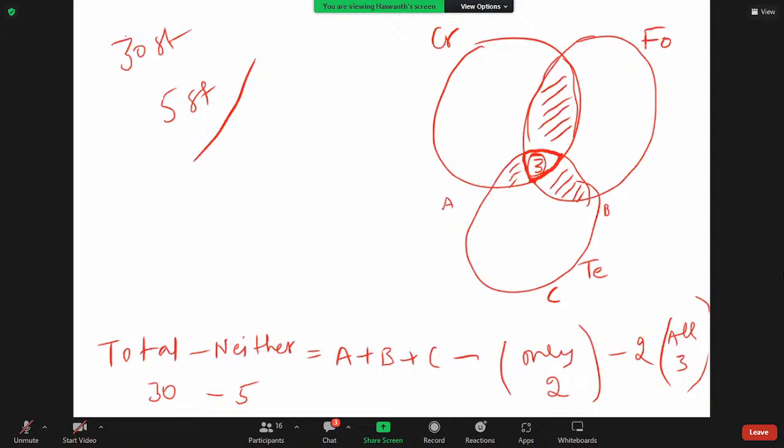And also you have to understand the difference between both cricket and football, and only cricket and football. When I say both cricket and football, it means the region which is common to both the sets, this entire region, which also includes all three.